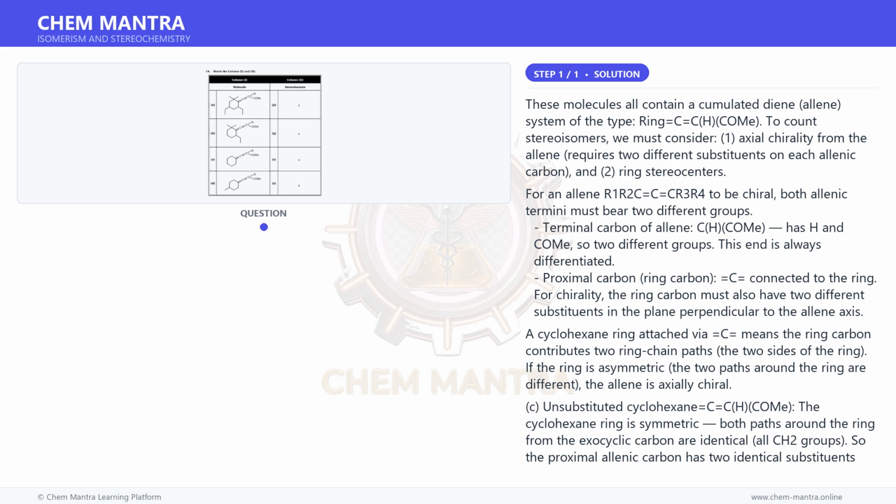Total stereoisomers = 2 (allene) times 1 (C4 stereocenter). Wait, C4 with methyl in a monosubstituted cyclohexane: C4 has CH3, H, and 2 ring paths. The 2 ring paths from C4 toward C1, bearing the allene, go through C3, C2, C1, 3 carbons, and C5, C6, C1, 3 carbons.